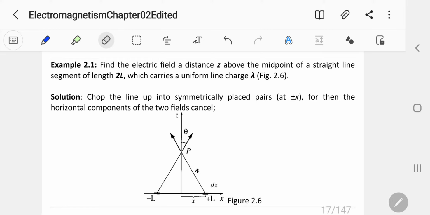So here you have a line charge, and you're measuring the electric field at this point, P.